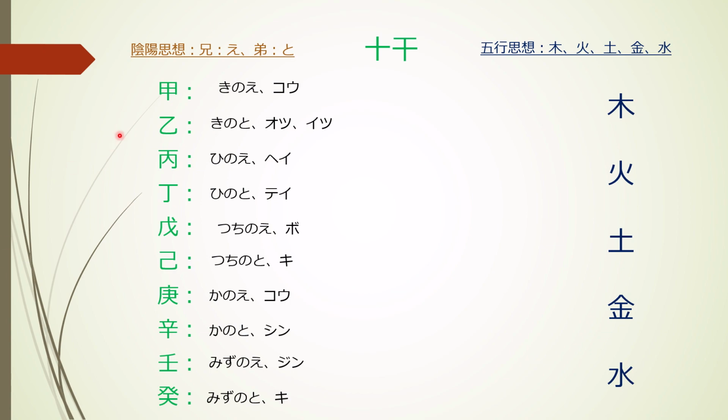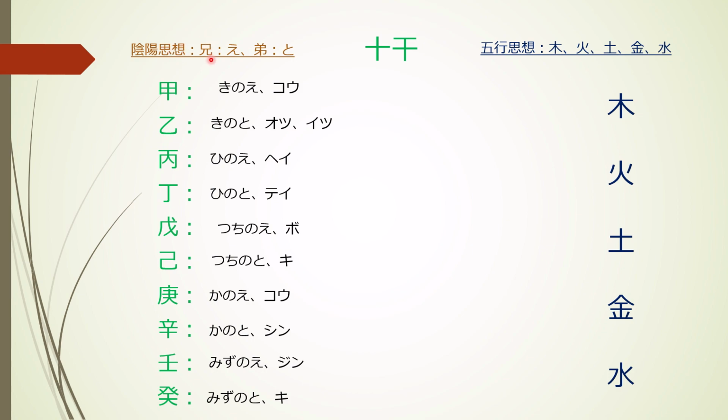So these were developed by two philosophies from ancient China, very old philosophies dating back to the Inshu or the Shang dynasty, the earliest Chinese dynasty with evidence for writing. So here at the top we have the Onmyo Shiso. Onmyo is what we call in English the yin and yang. So yin is the darkness, yo is the light. So the idea that everything works in these pairs, and Shiso just means a philosophy.